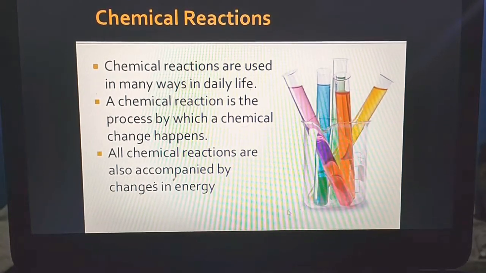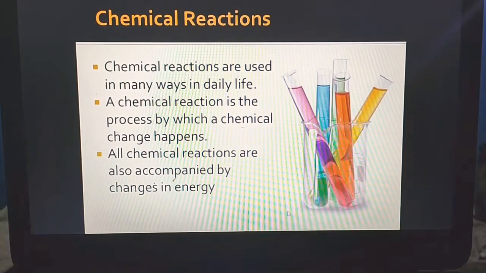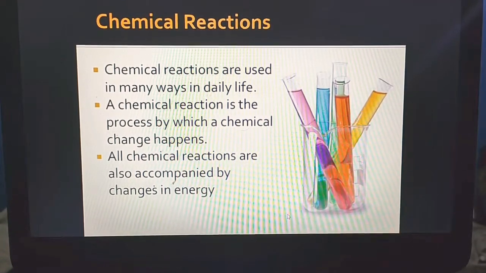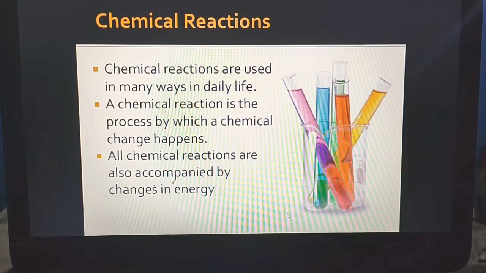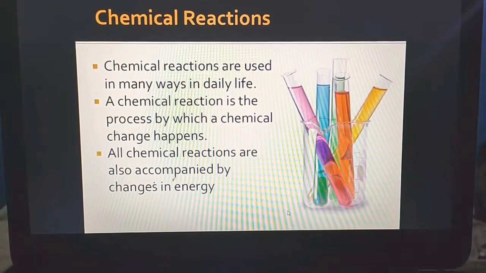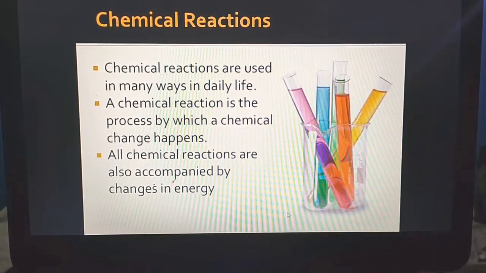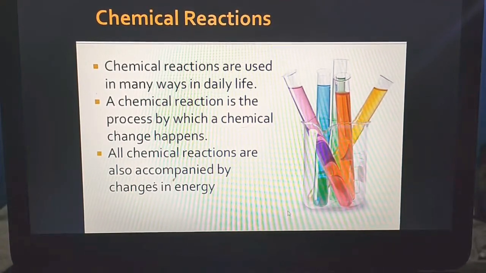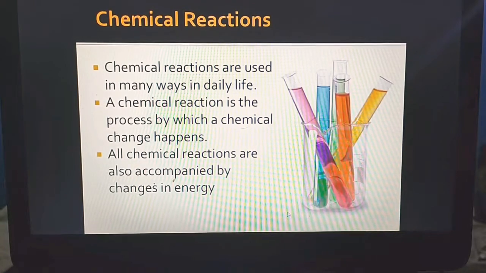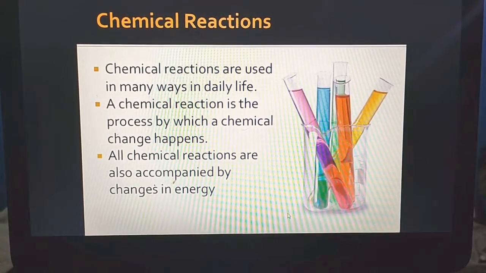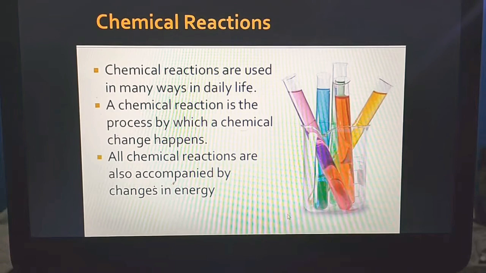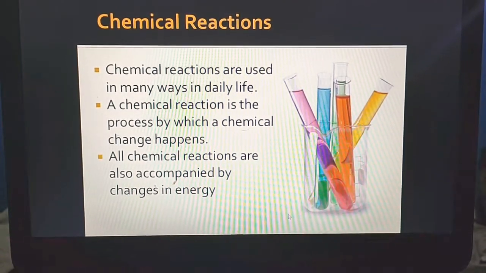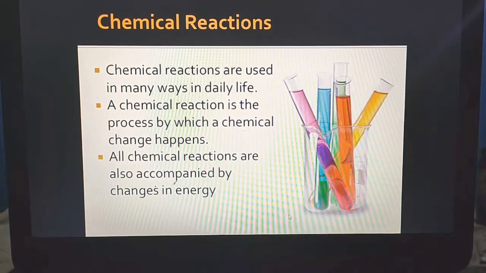We write reactants on the left hand side. We give a plus sign for the separation of one or more substances, and then we give an arrow for the separation of reactants and products, so that we can identify which one is reactant and which one is product. Reactants are written on the left hand side and products on the right hand side.